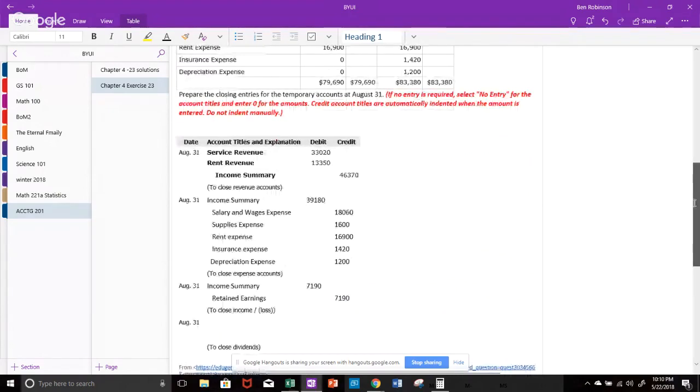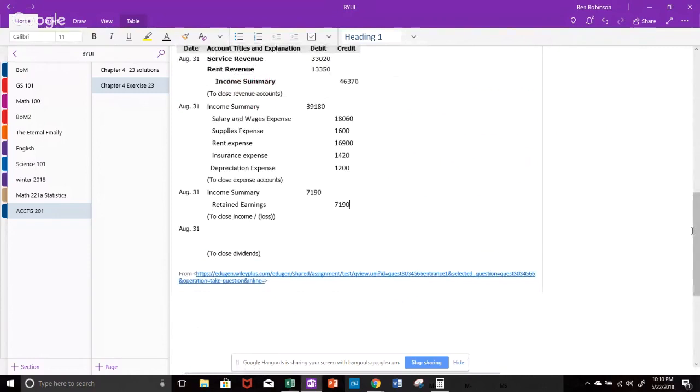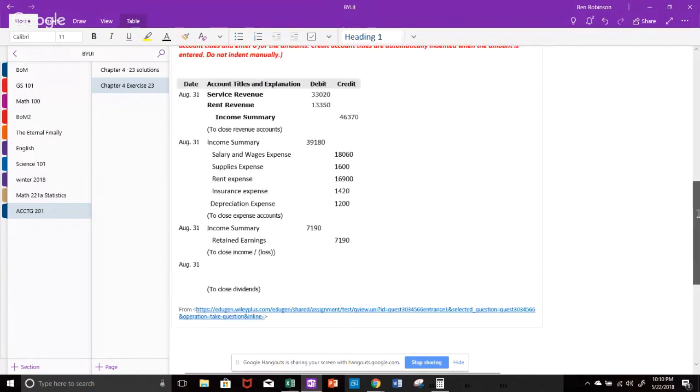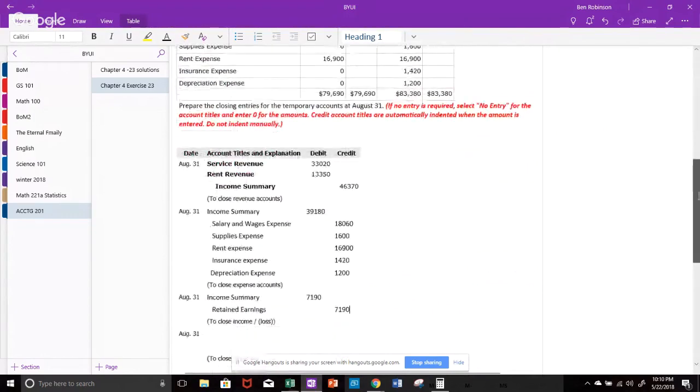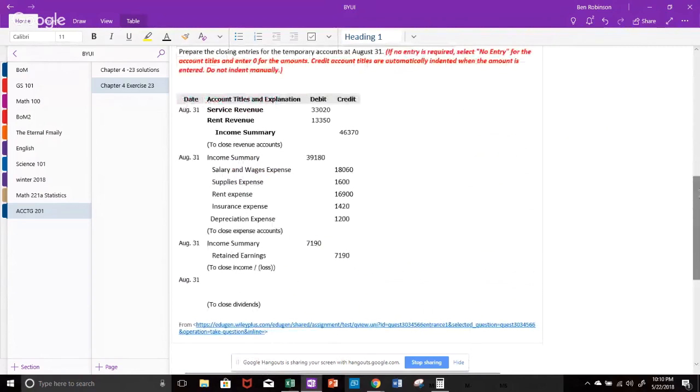Then from there, the last thing that we need to close out is we need to close dividends. And so where we get the dividend amount is up here. It was 2,540. And so it's actually going to come from retained earnings. And so we have retained earnings here, and we're going to debit 2,540.